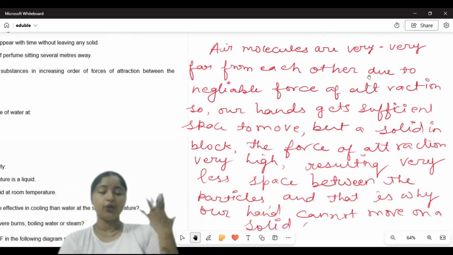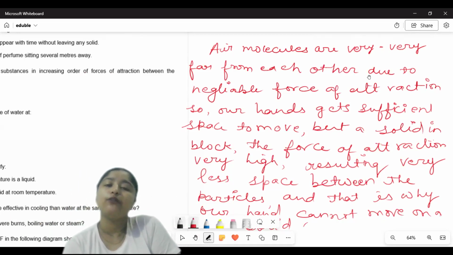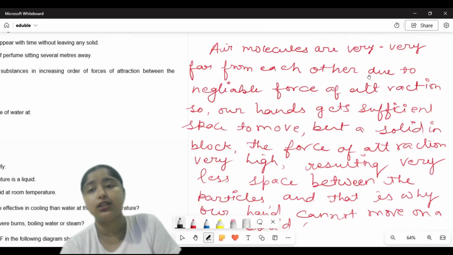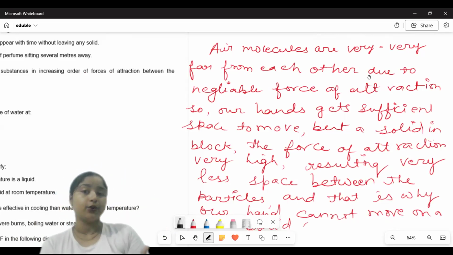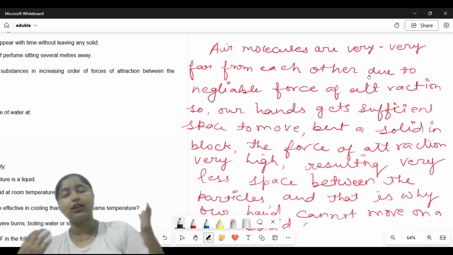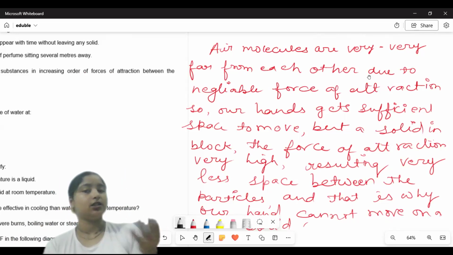But remember the key terms like the intermolecular space, the force of attraction, the particles, the distance. These things are important to form your answer, right? You can use these important keywords and make up your own answer with the same logic. That's also perfectly fine, right?